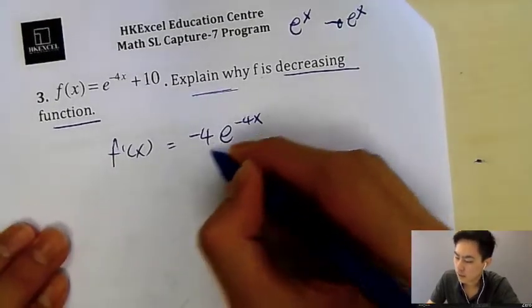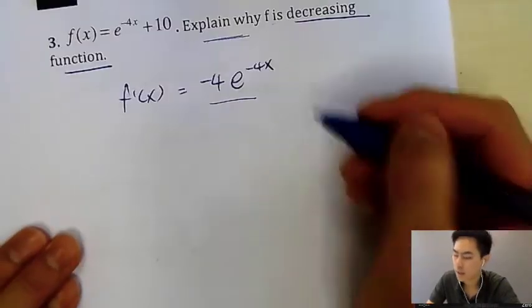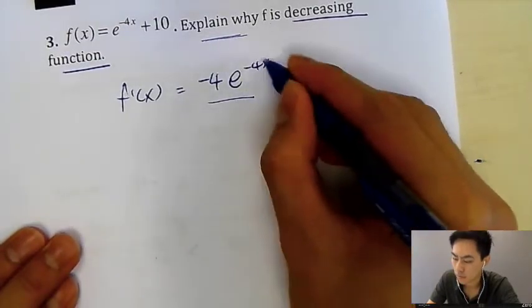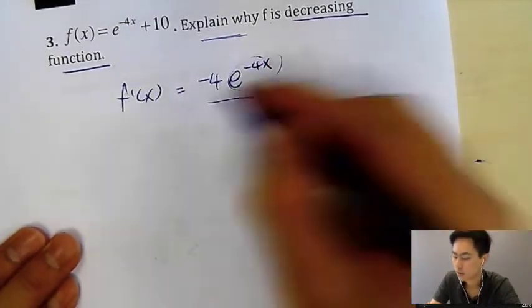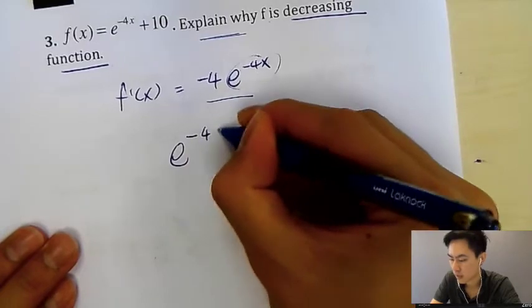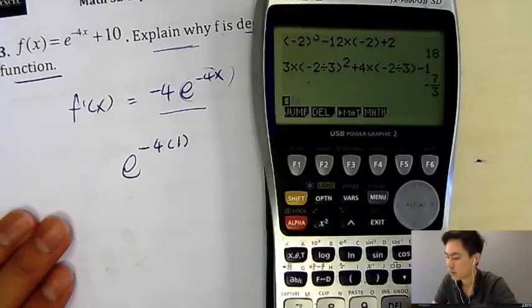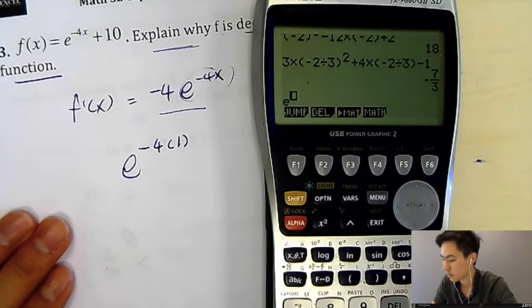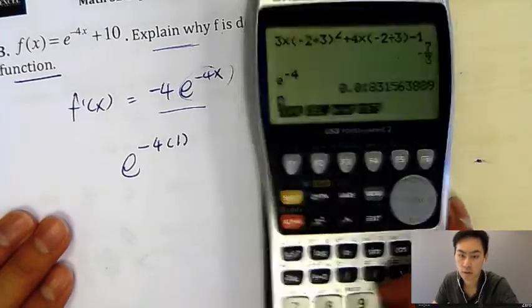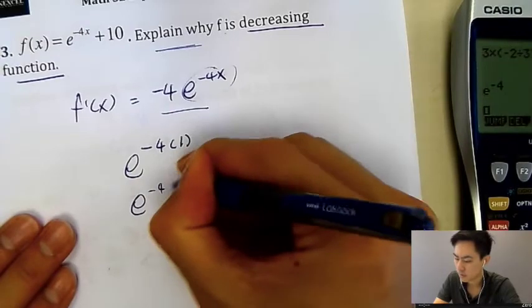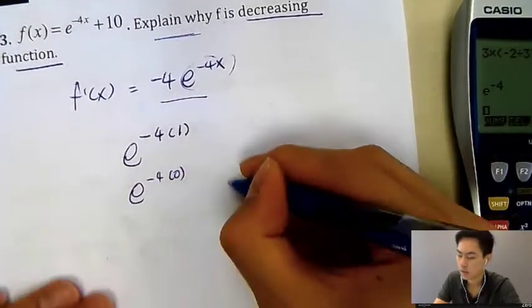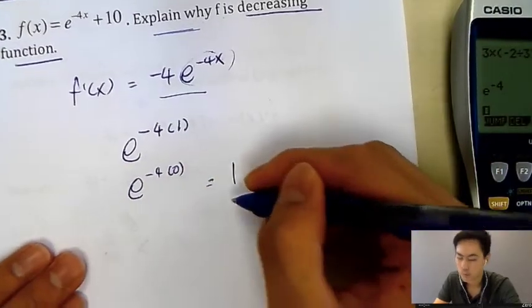No matter what we sub in for x, in e to the negative 4x, when you sub in 0, you have 1, right? Because e to the power 0 is 1.